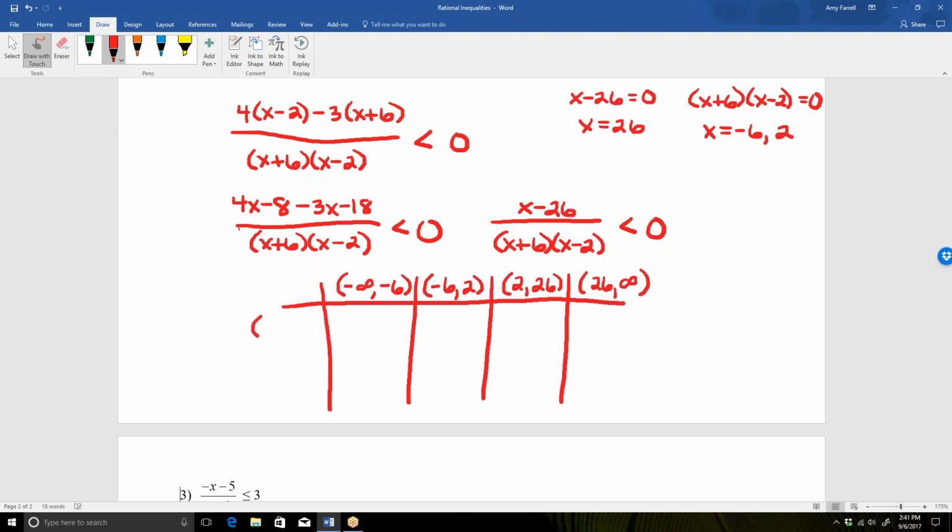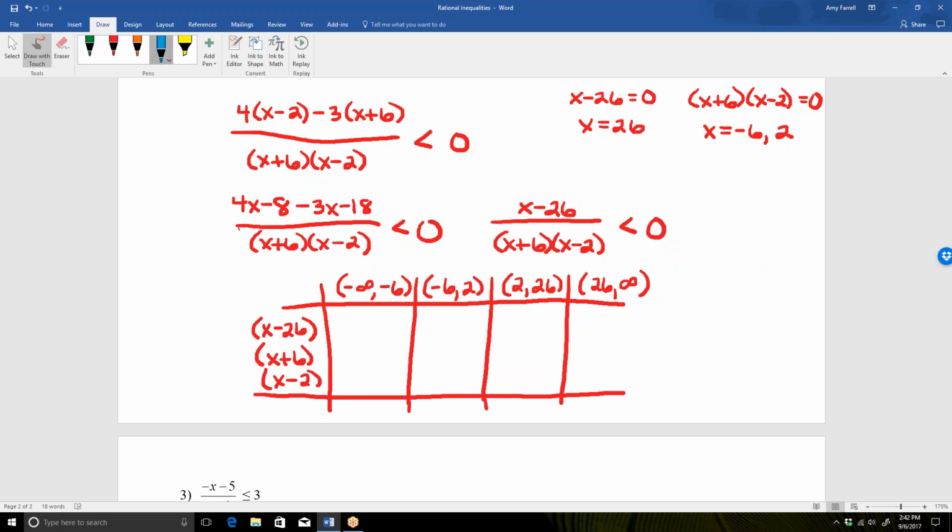And I'm going to write my 3 factors here, x minus 26, a factor from the numerator. Then I'm going to write the 2 factors from the denominator. And we're going to pick a number in each interval to test. We're just going to be concerned with positive or negative, and we'll see what our result will be.